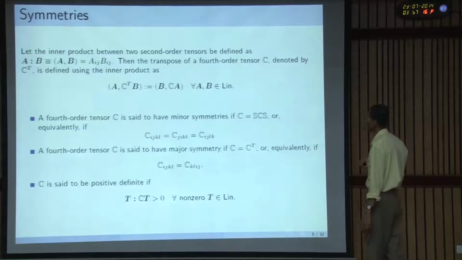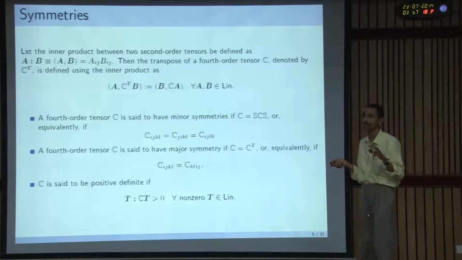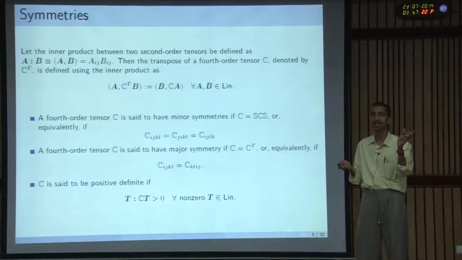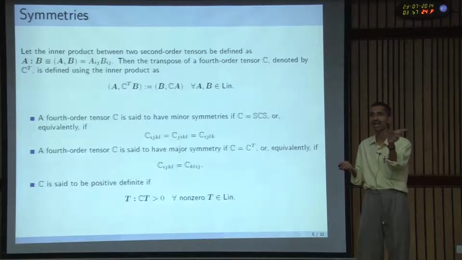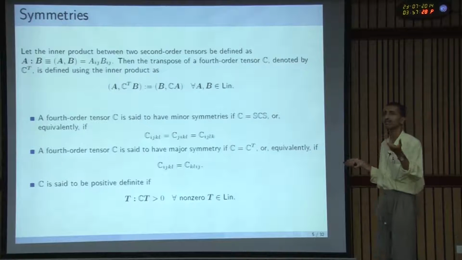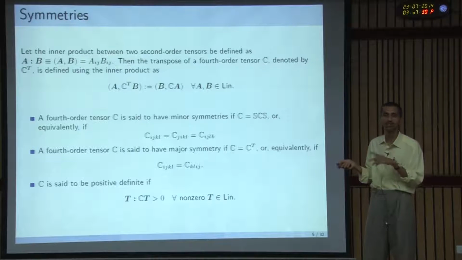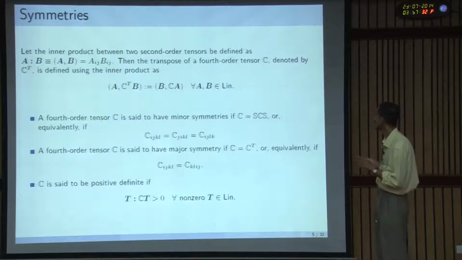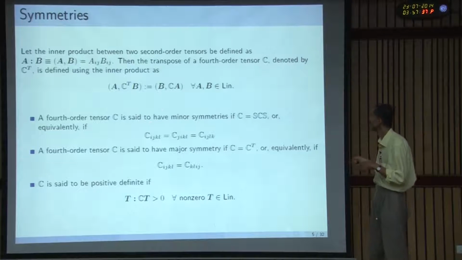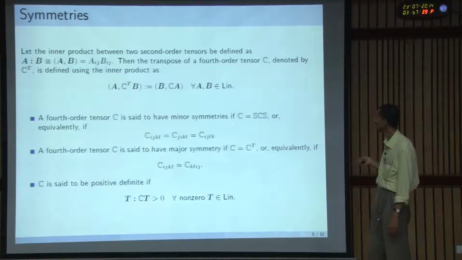For a second order tensor, it is enough to talk just of the symmetry, that Tij is Tji, and then we call it symmetric. But here you can have minor symmetries and major symmetries, because now there are 4 indices associated with a fourth order tensor. This is an abstract way of writing it, but many of you will be familiar with this.